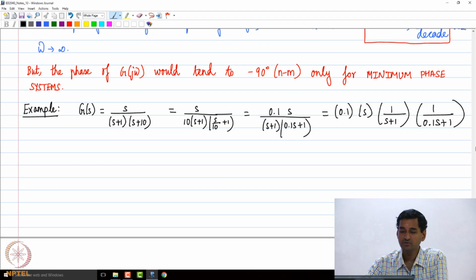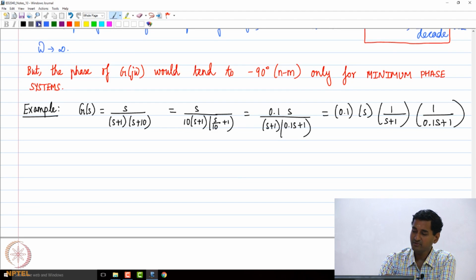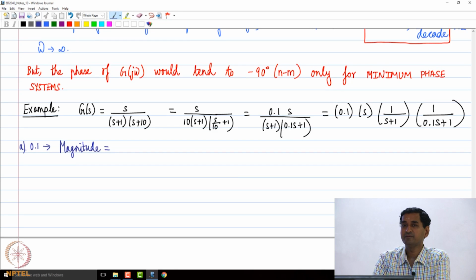If I start looking at each term, take 0.1. What can I say about its magnitude in decibels? If I take the logarithm and multiply by 20, what is log of 0.1 to the base 10?